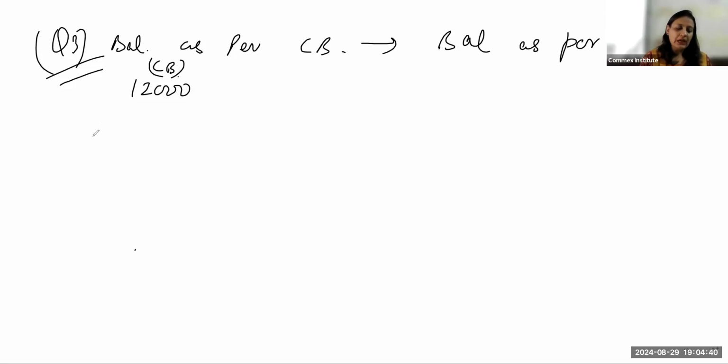Now number 1, checks paid into bank 8,000, but out of these only checks of 6,500 were credited by the bank. मतलब कि 1,500 के चेक्स तो अभी तक बैंकर ने कलेक्ट ही नहीं किए हैं. हमने तो, कैशियर ने 8,000 से इंक्रीज कर रखा है बैलेंस, 6,500 से तो बैंकर ने भी इंक्रीज कर दिया, बट 1,500 के चेक्स अभी भी ऐसे हैं जो कि बैंकर ने कलेक्ट नहीं किए हैं. तो बैंकर का बैलेंस तो कम है 1,500 से, तो 1,500 माइनस कर लेते हैं.